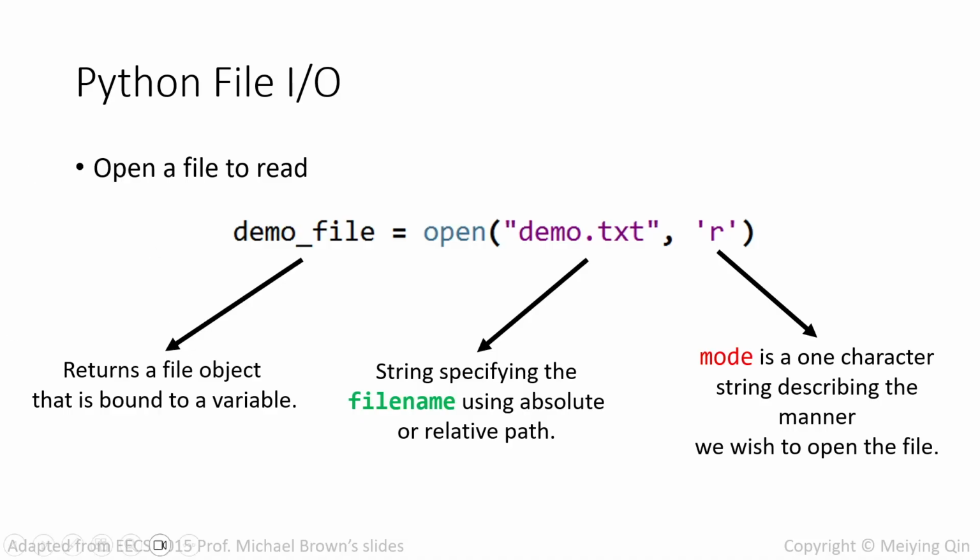Most of the time we use a relative path, which means the path relative to where your file actually is. For example, if your Python file is in the same directory as your demo text file, then you can just write it as we wrote here. Otherwise, you can give the full path.